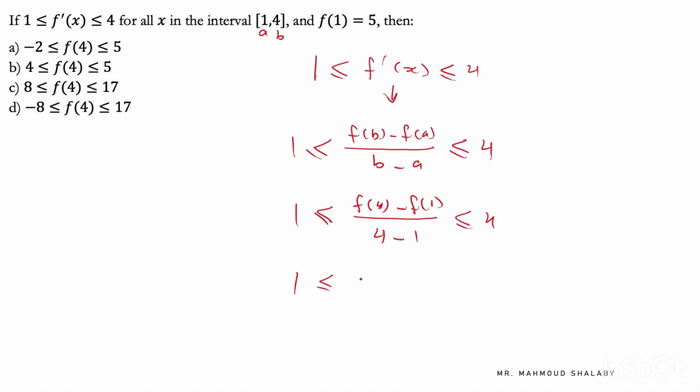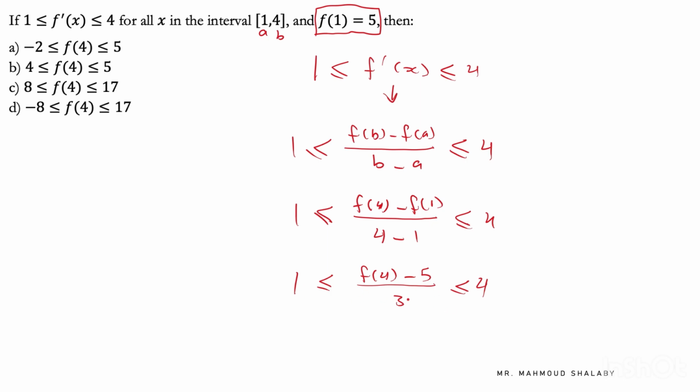Now we continue substituting and simplifying. I have here f of 1 equals 5, but I don't have f of 4, so f of 4 will remain the same, minus 5. 4 minus 1 is 3, smaller than or equal to 4.